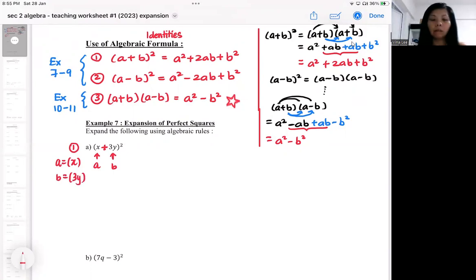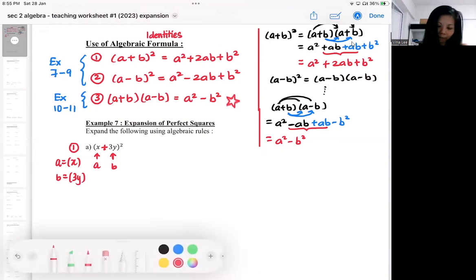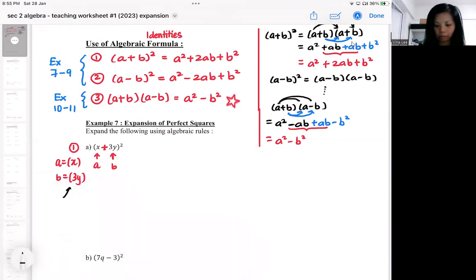So you decide that you're going to use formula 1, and then what's your a and what's your b? Do you realize I put a bracket on my x and also a bracket on my 3y? That is the trick you need to have. You must have the brackets, or else you'll always get this part wrong.